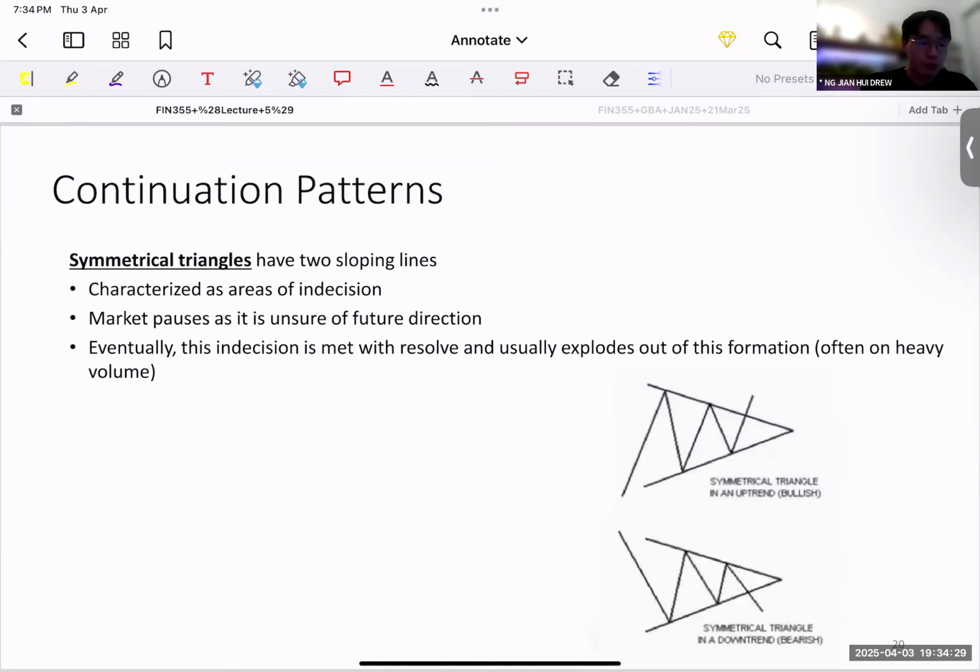In terms of symmetrical triangles, basically your triangles are sloping symmetrically like this, and so this means that the price increases and decreases at almost equal proportion all the way.